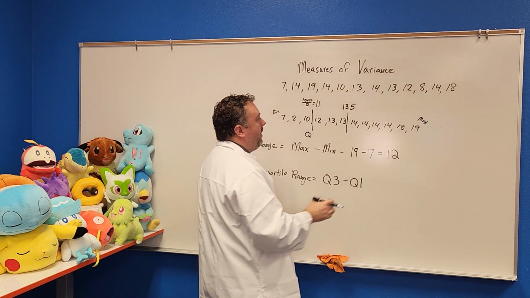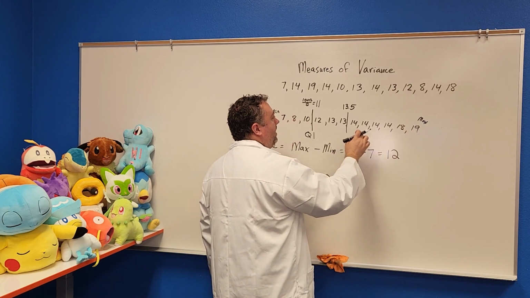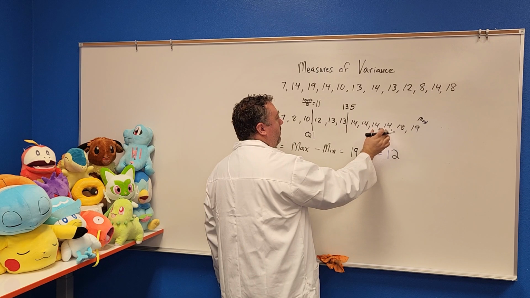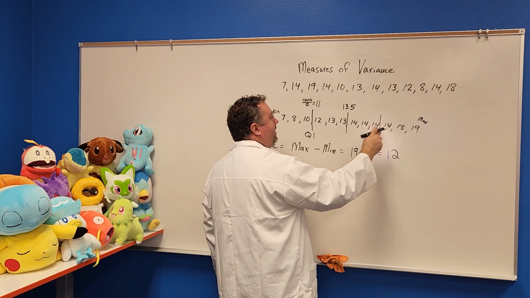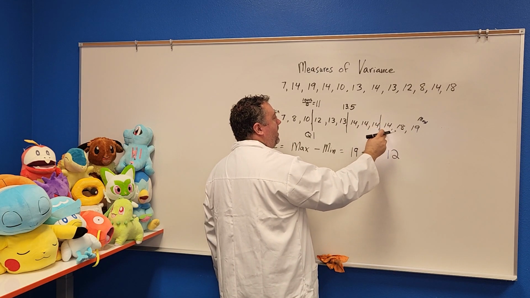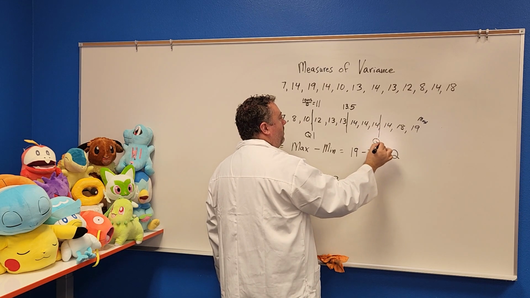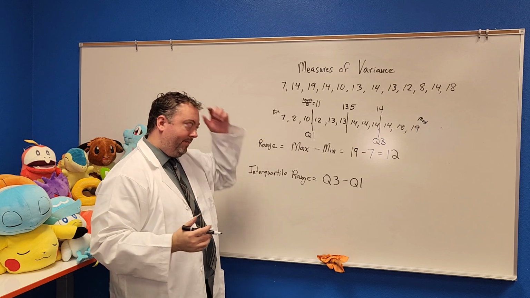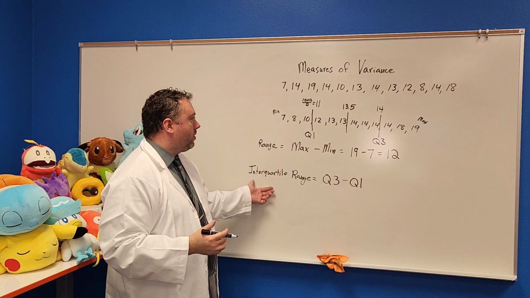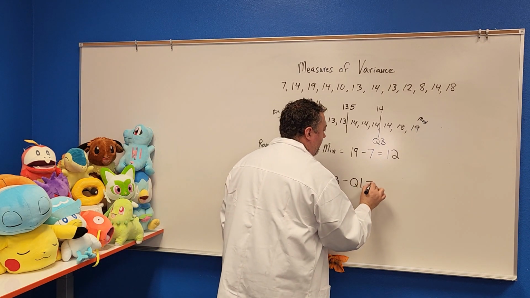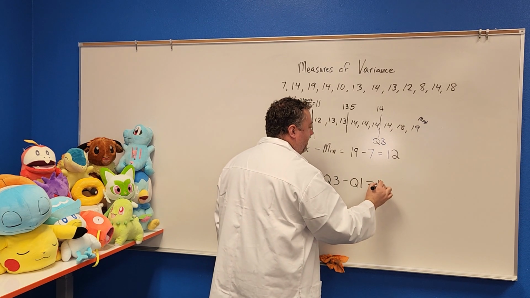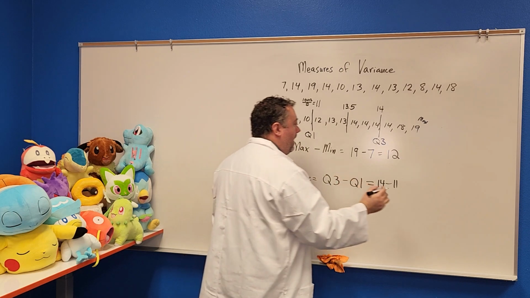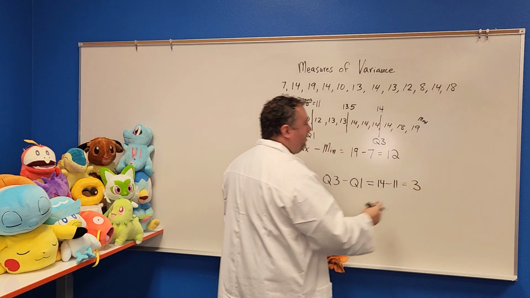Up here, we also have 6 pieces of data, so that has to be, again, between the third and fourth piece, which is right here. And since both numbers on each side are exactly the same, we know that quartile 3 is going to be 14. So now, to find the interquartile range, we take 14 minus 11, which is equal to 3.